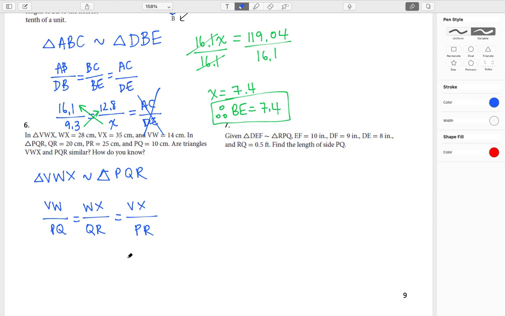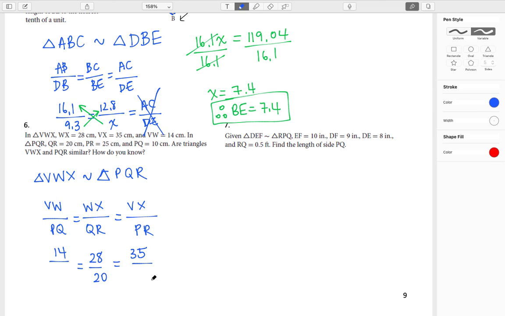Okay. Now let's plug in the numbers we know. WX over here is 28. VX over here is 35. And VW is 14. And QR is 20.